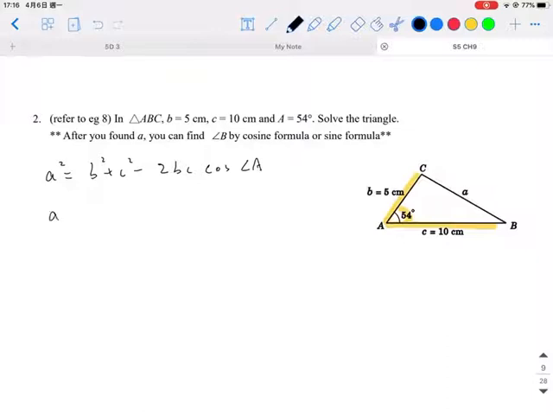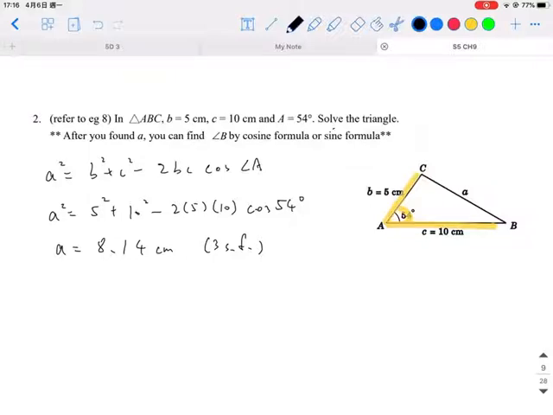So a squared is equal to 5 squared plus 10 squared minus 2 times 5 times 10 times cosine 54 degrees. You can apply the calculator, and you will get a is equal to 8.14 cm, 3 significant figures.